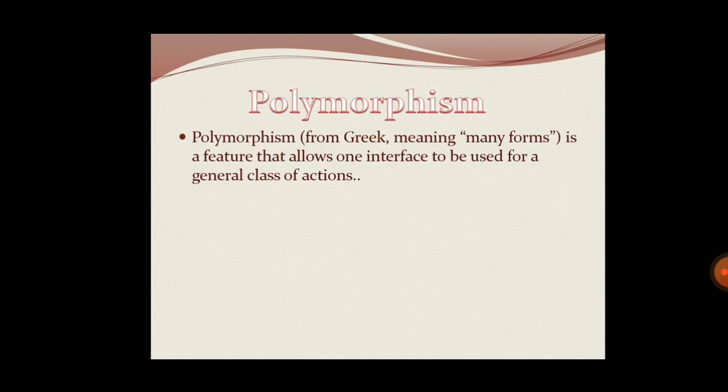Next one is the polymorphism. So in Greek, the meaning is many forms, a feature that allows one interface to be used for a general class of actions. For example, a dog's sense of smell is polymorphic. If a dog smells a cat, it will bark and run after it.